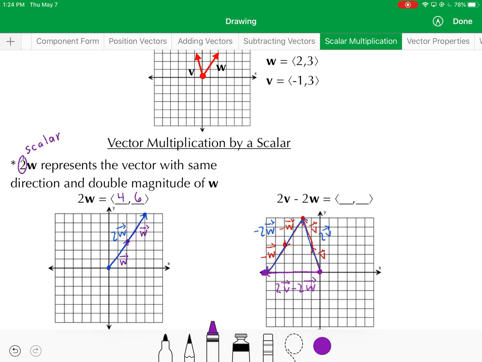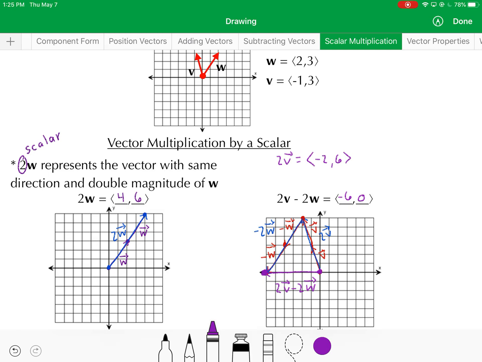What are its components? You have to travel from the initial to the terminal 6 units to the left, so negative 6 for the horizontal component, and you don't travel vertically at all, so 0 for the vertical component. Okay? Now, think about how you could have found this algebraically. So 2 times vector v would be nothing more than negative 2 comma 6. That's just doubling the original components of vector v.